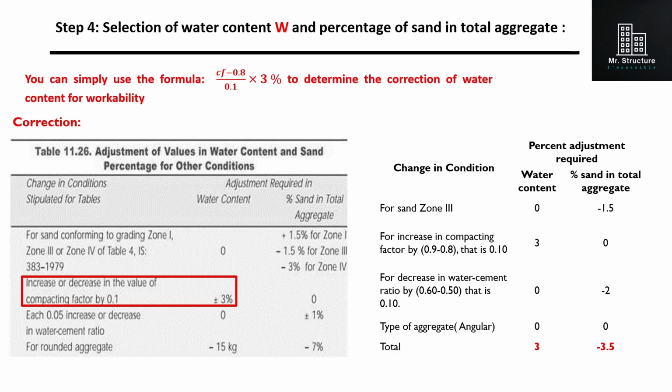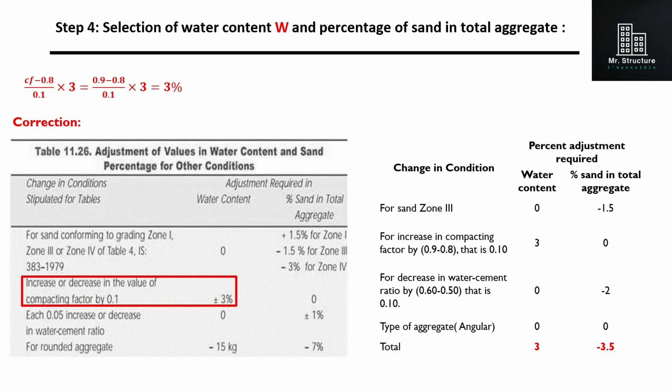Or you can simply use the formula (compaction factor minus 0.8) by 0.1 into 3% to determine the correction of water content for workability. Here CF is the compaction factor, which is 0.9 in our case.